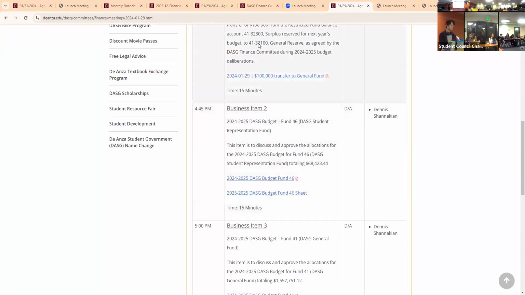Moving on to business item 2, 2024-2025 DASG budget, Fund 46, DASG Student Representation Fund. This item is to discuss and approve the allocations for the 2024-2025 DASG budget for Fund 46, totaling $68,423.44. So, Dennis?